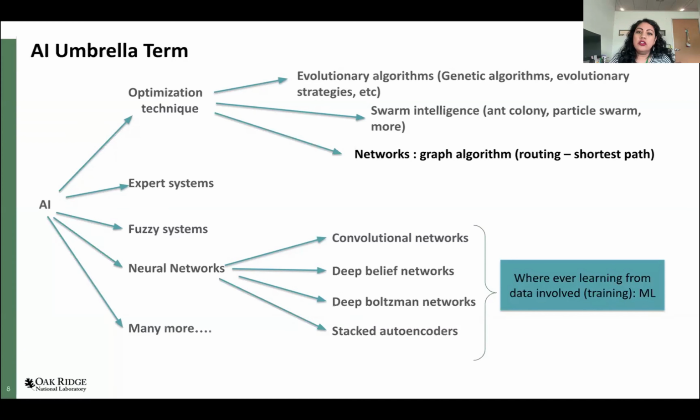Optimization is where you write an algorithm to optimize certain things or resources. But if you have data and you're trying to learn what function can best map this data, those algorithms would come under machine learning. That's how you can differentiate between these things, but all of them are basically AI techniques. Even if you're doing optimization and swarm intelligence, evolutionary techniques, those are also AI techniques.